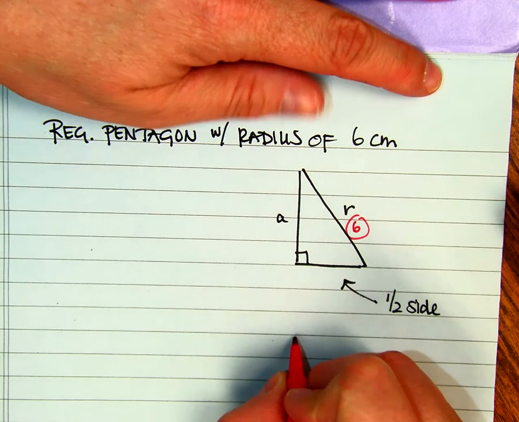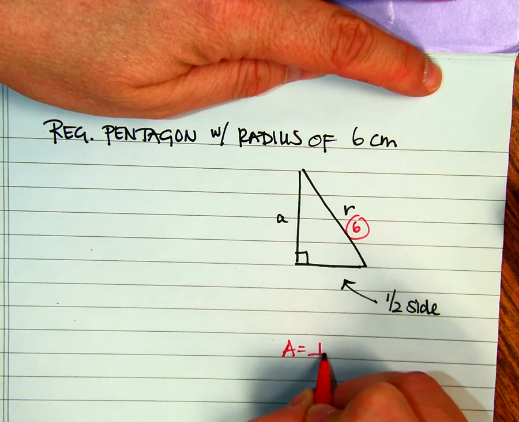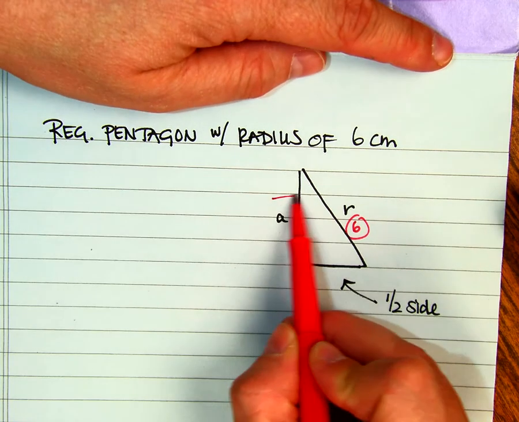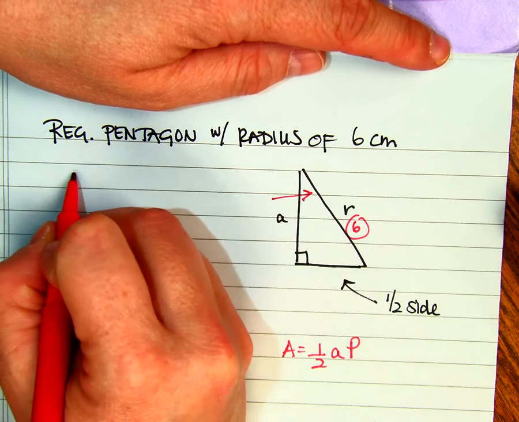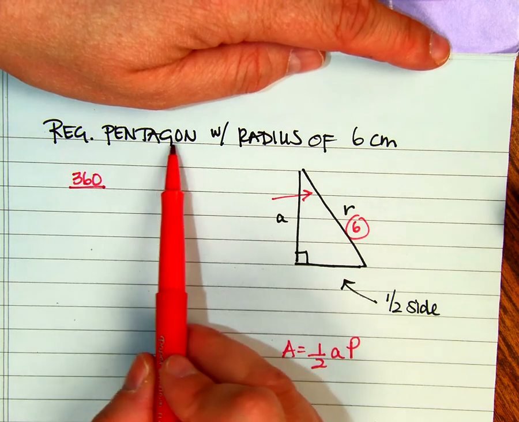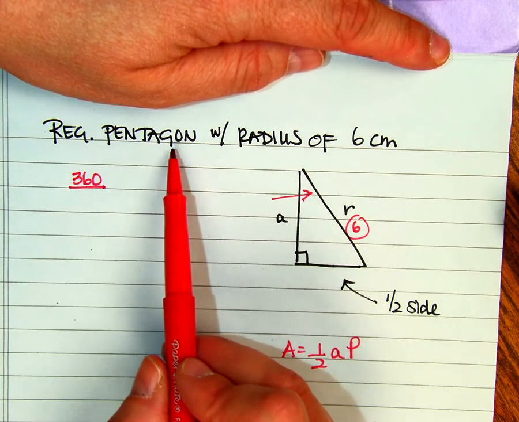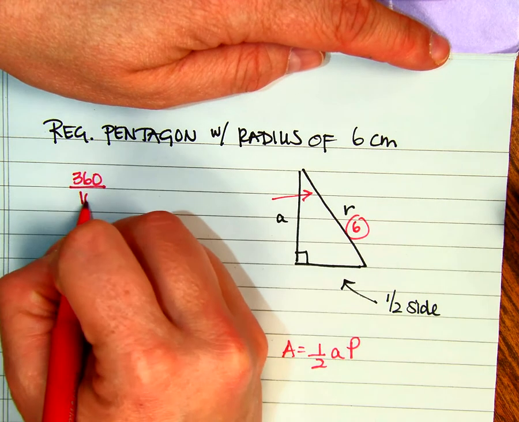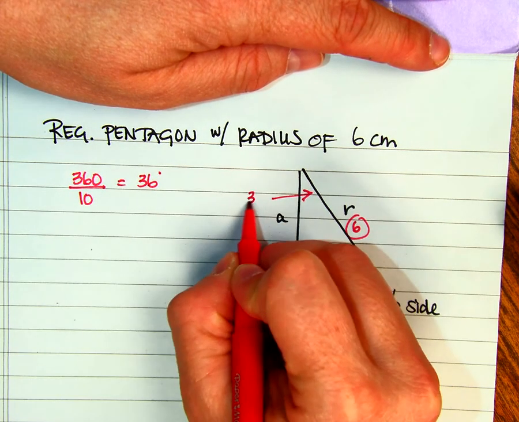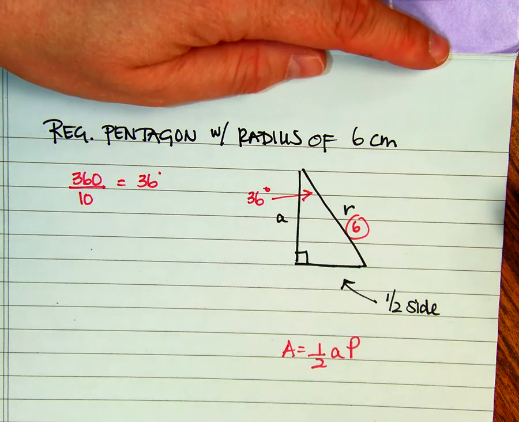I know the formula is 1/2 apothem times the perimeter. So I got to find this angle. So I'm going to do 360 divided by, a pentagon has 5 sides, so I have to double that, which means 10. So I know that my central angle here is going to be 36 degrees.